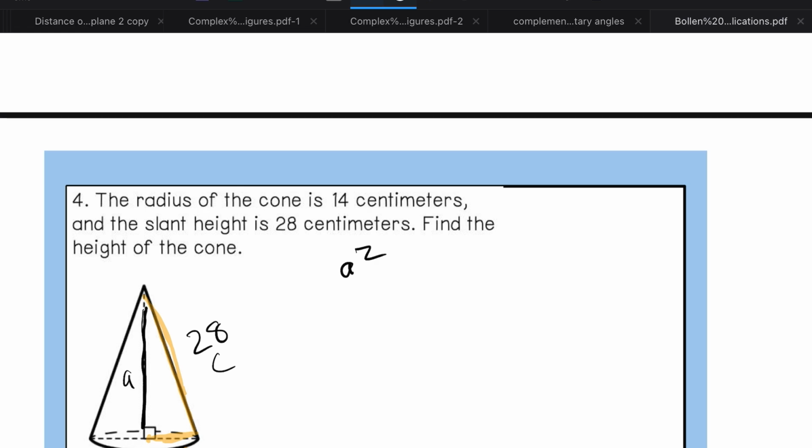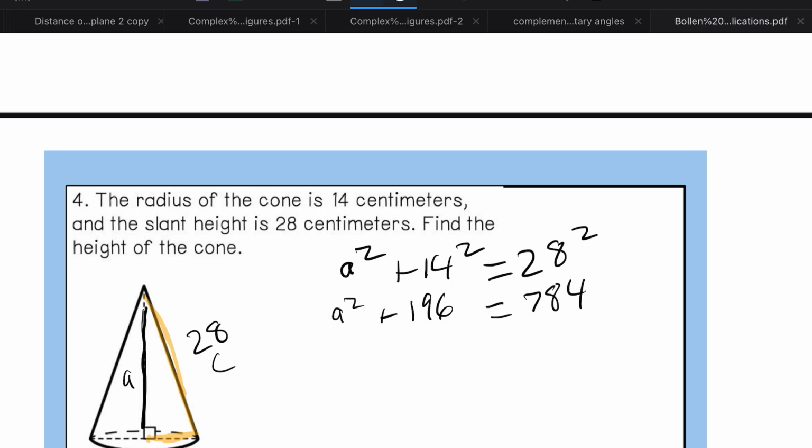So you would have A squared plus 14 squared equals 28 squared. So you would have 14 times 14 is equal to 196. So A squared plus 196 is equal to 28 times 28, which is equal to 784.